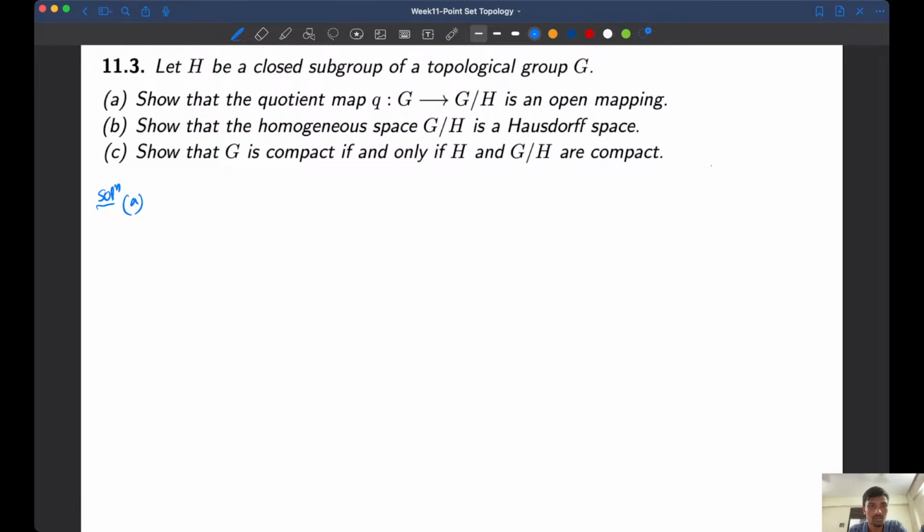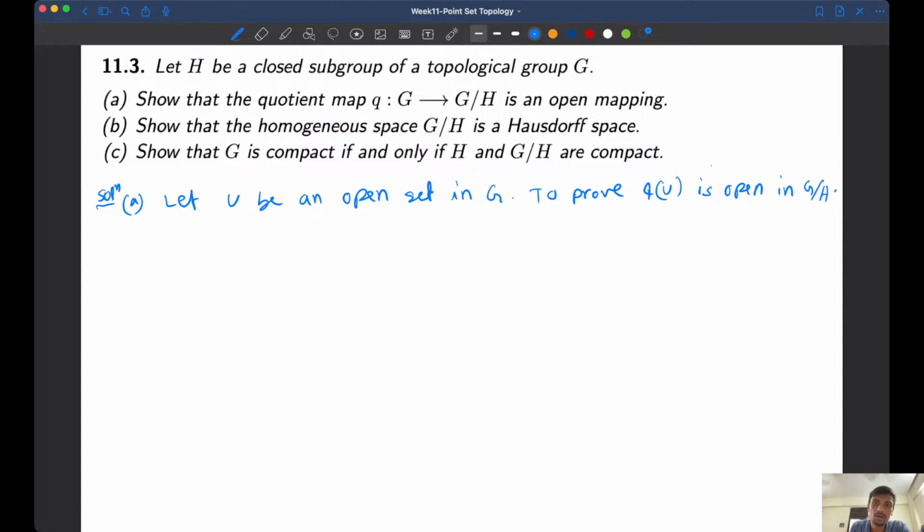On G mod H you have the quotient topology, so Q of U is open in G mod H only if Q inverse of Q(U) is open in G, right? But Q inverse of Q(U).